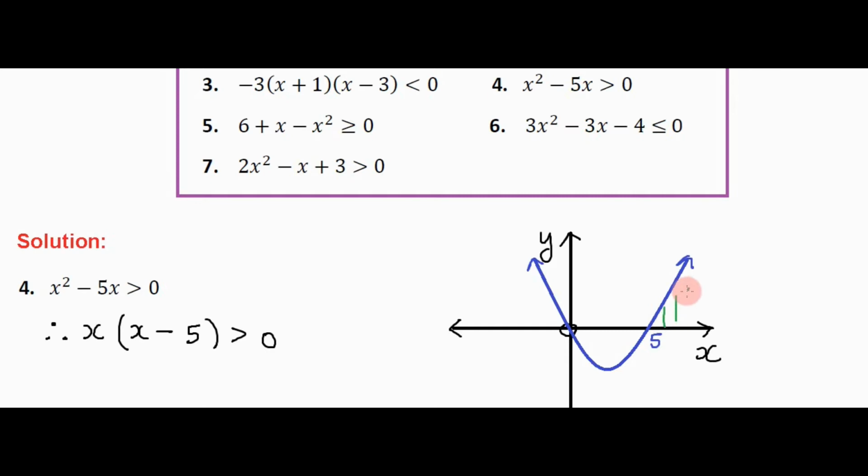Once again, this happens when x is greater than 5 or when x is less than 0. So our answer then will be x is less than 0 or x is greater than 5. And once again, we could express this in interval notation as the union of these two intervals.